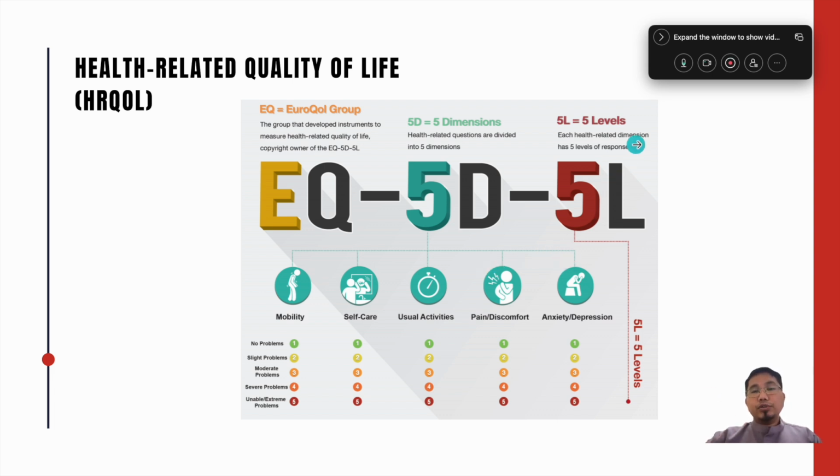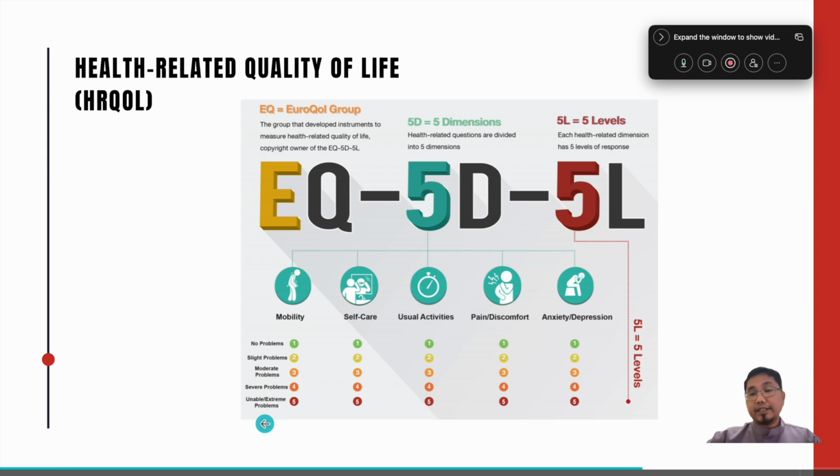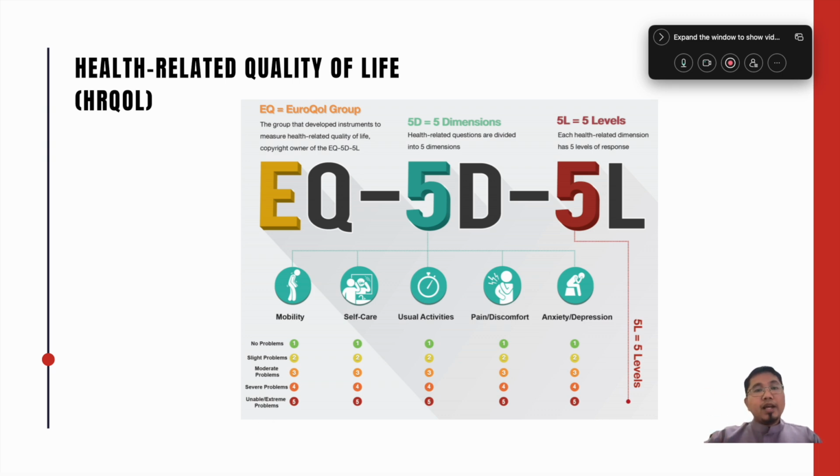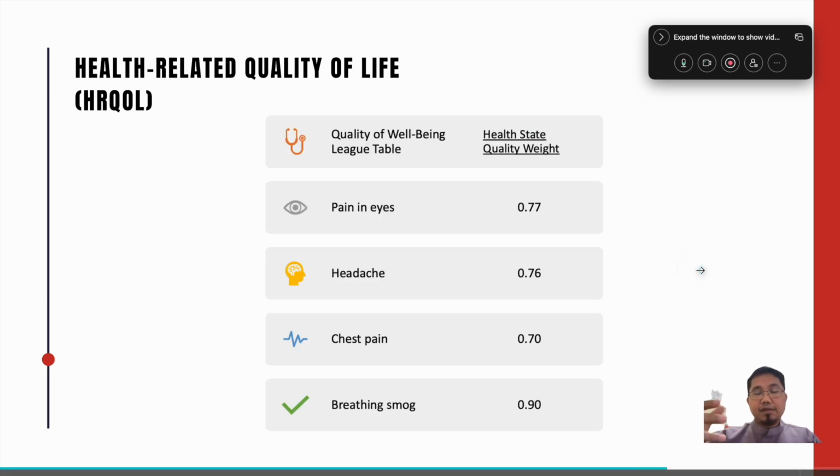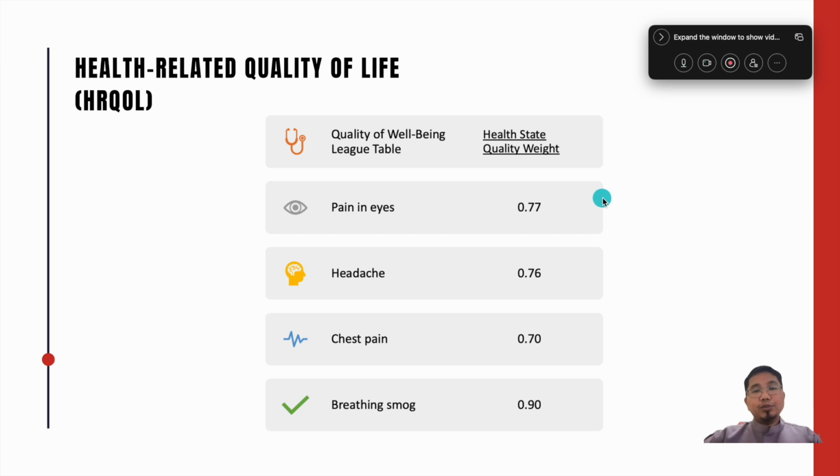And there are also 5 levels, from no problem until extreme problem. So from this quality of life, we can actually calculate the utility value. For example here, pain in eyes is 0.77, headache is 0.76, chest pain is 0.7. This is just an example.